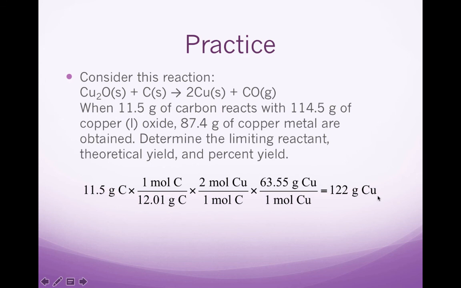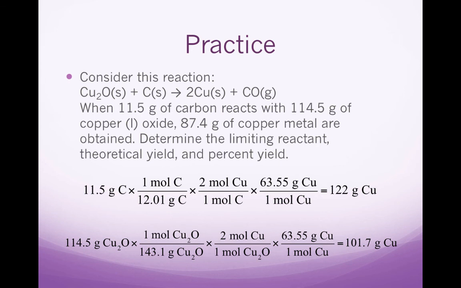Now let's look at copper monoxide. I started with 114.5 grams of copper monoxide. I need to get to moles of copper monoxide. I do that using the molar mass. Then I want to go to moles of copper. I do that using the molar ratios from the chemical equation. To make 2 moles of copper, I need 1 mole of copper monoxide.